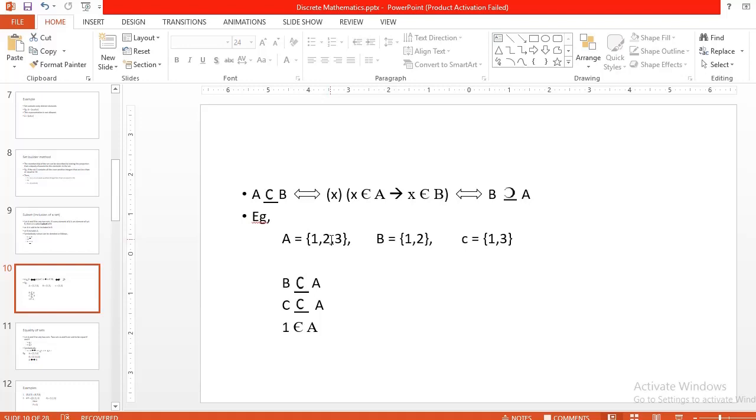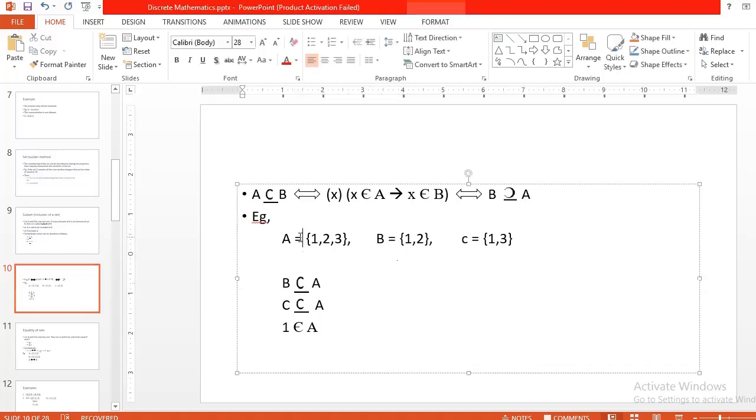Observing these three sets A, B and C, every element of B is included in the set A, so B is a subset of A. In the same way, every element of C is included in the set A, so C is a subset of A.